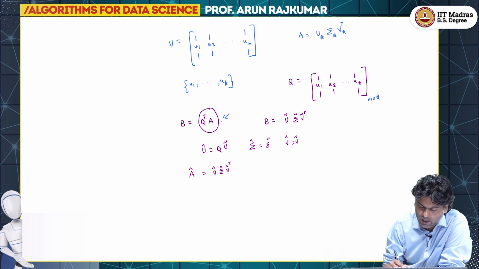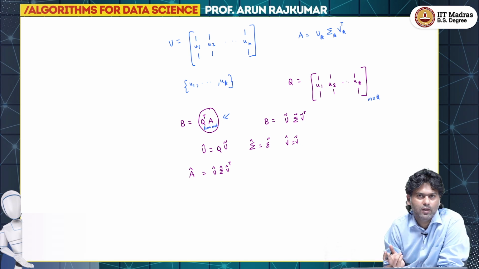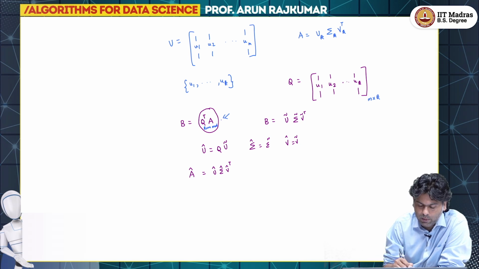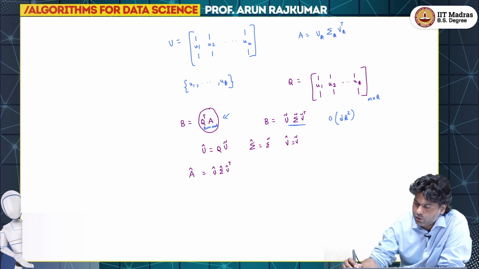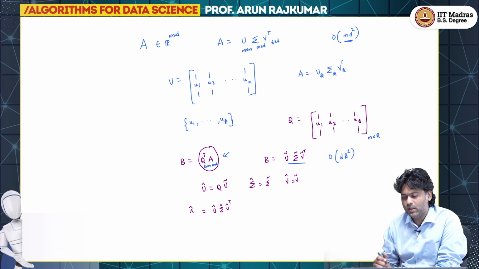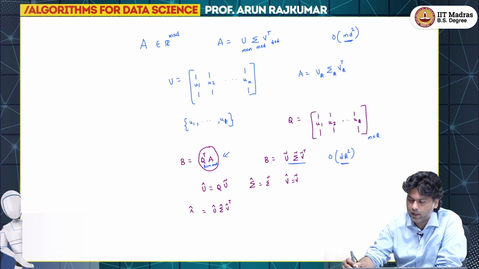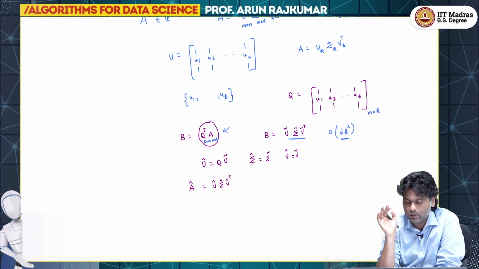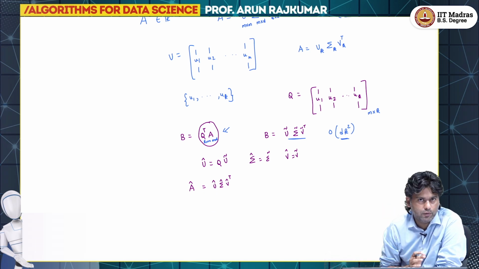So Q transpose A would just be K cross M into M cross D. So that's a K cross D matrix, but K is much smaller than both M and D. So the dominant time complexity of doing this SVD is going to be something like D K squared, as opposed to here where this is M D squared, where M and D are large, so that is prohibitively large. So this SVD is still okay, D K squared is still okay, we do not have the D squared dependency, so that is good. So that was the advantage of doing this method.